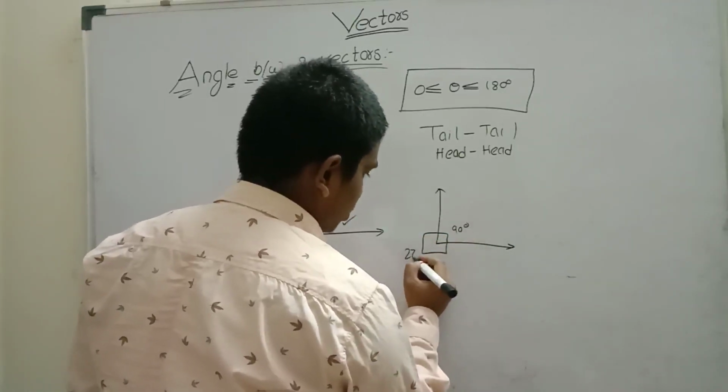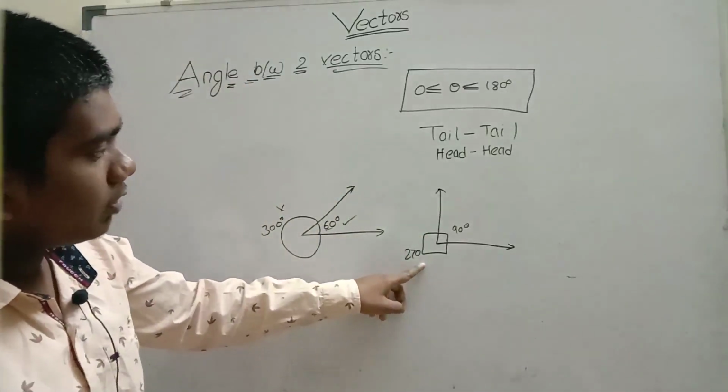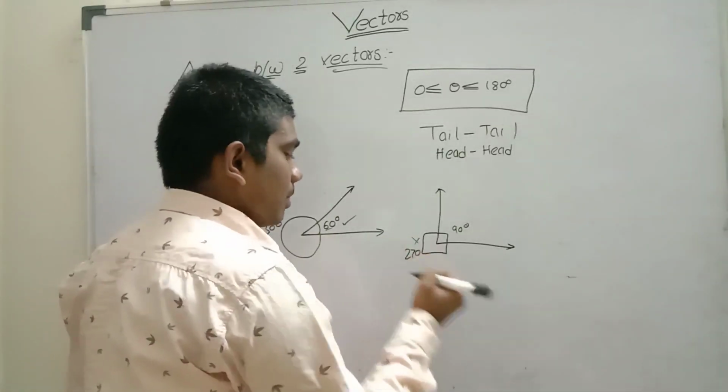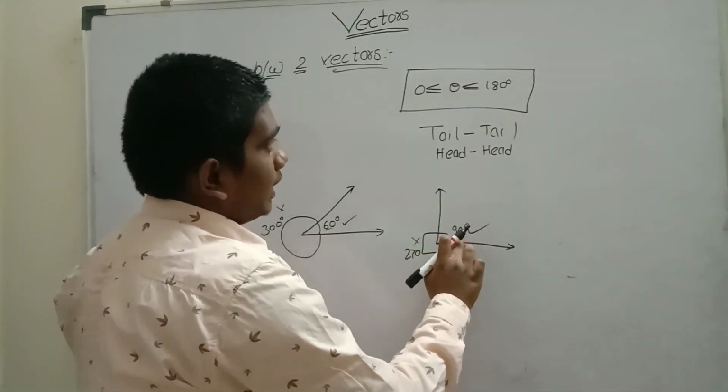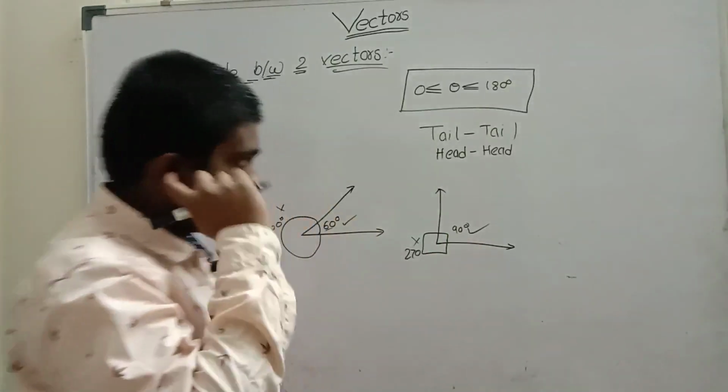In the other case, the options are 90 degrees and 270 degrees. Here 270 is more than 180, so this we can cancel. 90 is in between 0 and 180, so 90 is the correct answer.